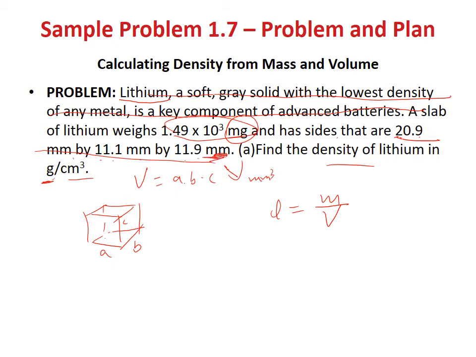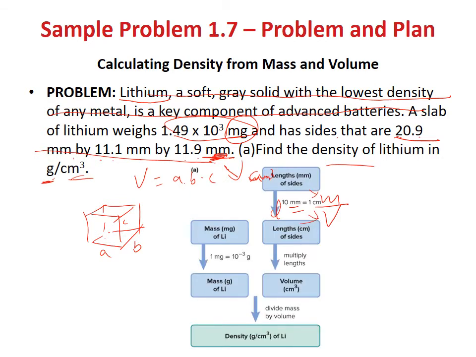And here millimeter, so we need to convert the millimeter to centimeter and then calculate cubic centimeter and then plug in this equation. So here is our plan. First, the mass milligram you need to change to gram. And the length millimeter we change to centimeter, and then we calculate volume in cubic centimeter, and then use the definition equation we can calculate density.